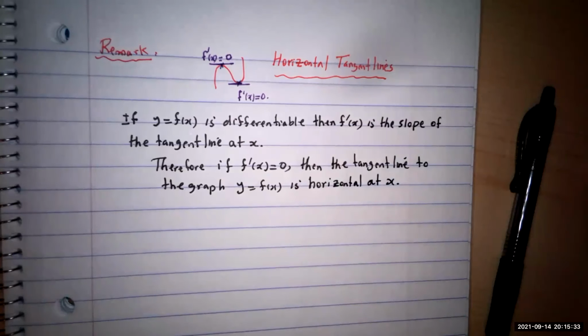So the condition for having a horizontal tangent line is that f prime of x must be equal to 0. That's the idea, that we get it.